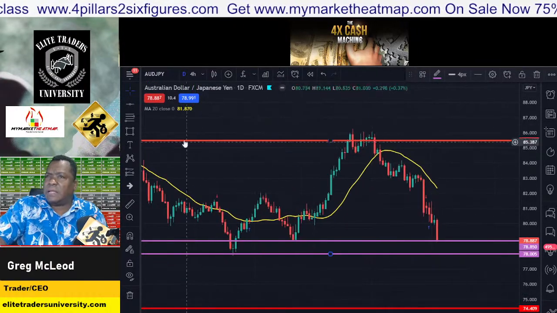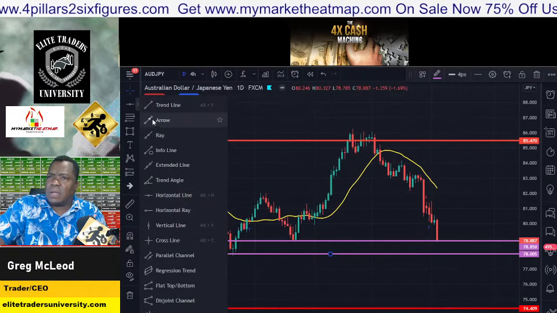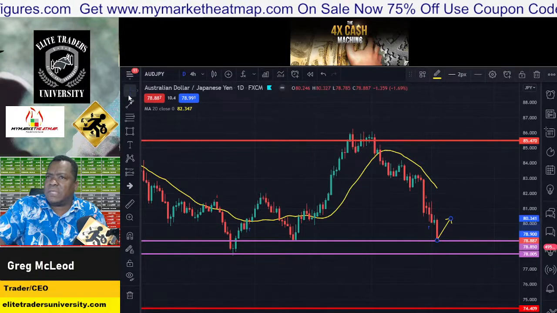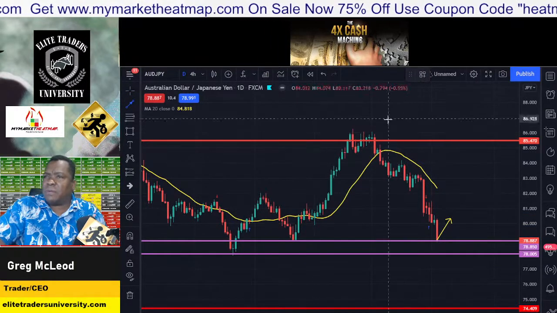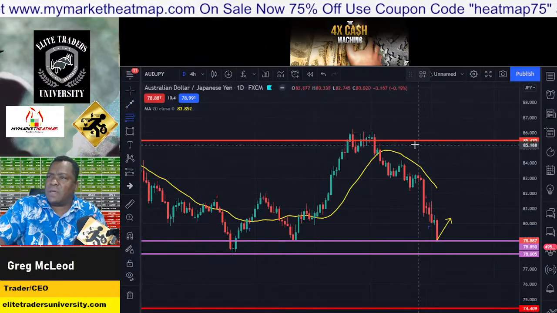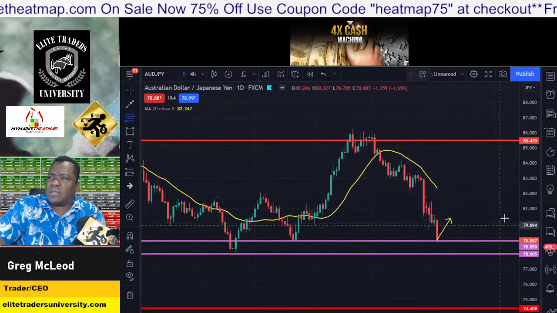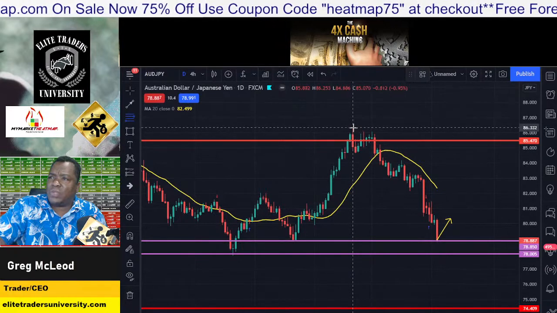And so we may get a little bit of a bounce. Now I probably wouldn't want to trade the bounce. You can scalp the bounce, but I would rather take this. This is what you do. I'm going to give you another hint, another clue. Anytime you have a long protracted run, take your Fibonacci tool.